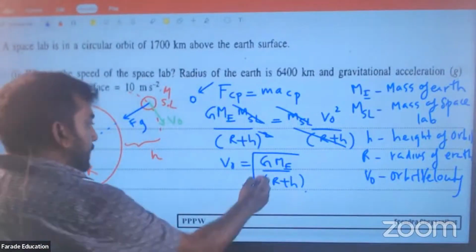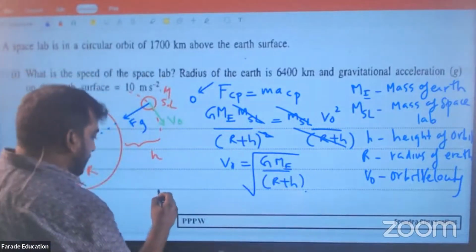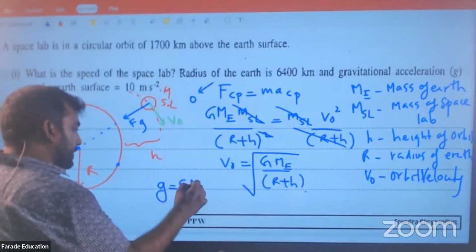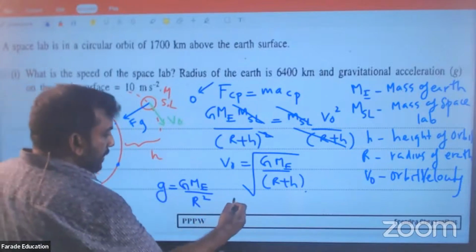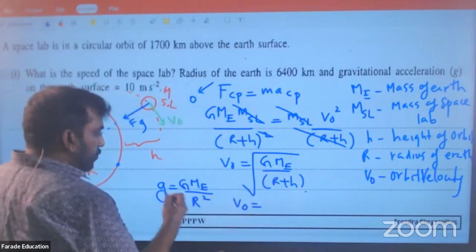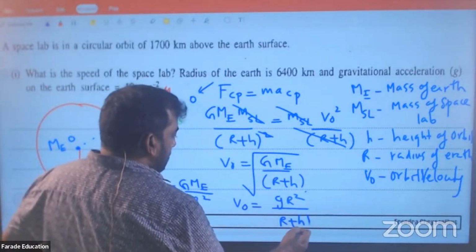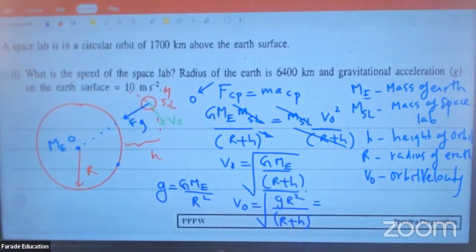But is capital GME given? No. So you must use the approximation. Gravitational field strength on the surface is capital GME over R squared, so wherever there is capital GME, you can write g R squared. Substitute for g now 10.